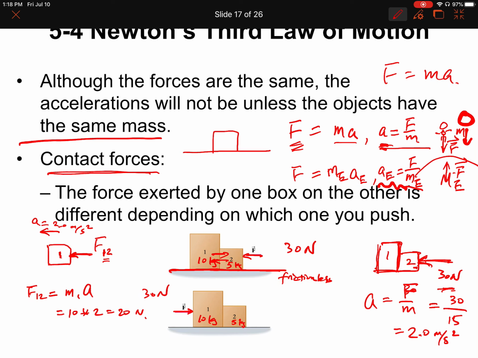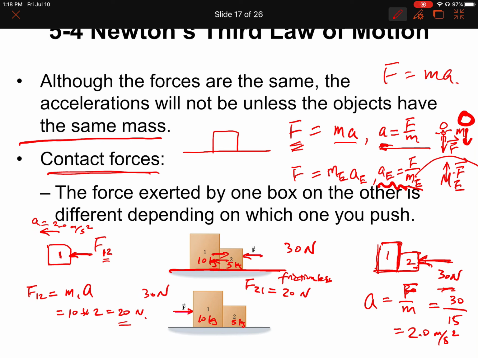So in this example, the contact force between box 1 and box 2 is 20 Newton, which means box 2 applies 20 Newton on box 1, and meanwhile F21 is also 20 Newton, but in the opposite direction.